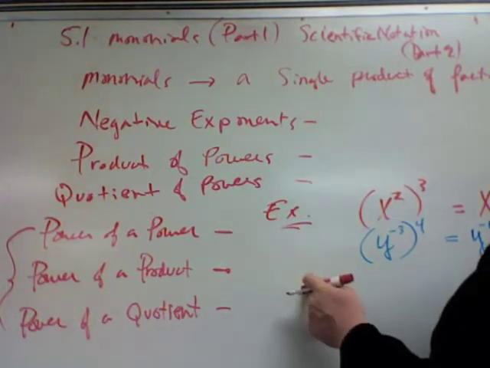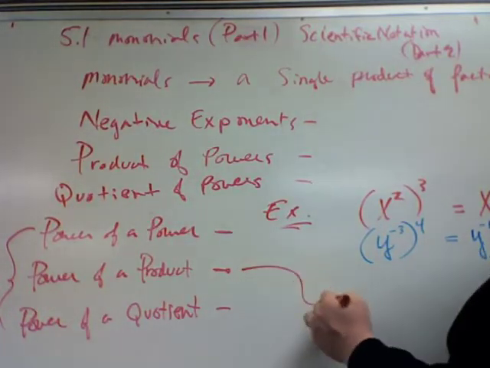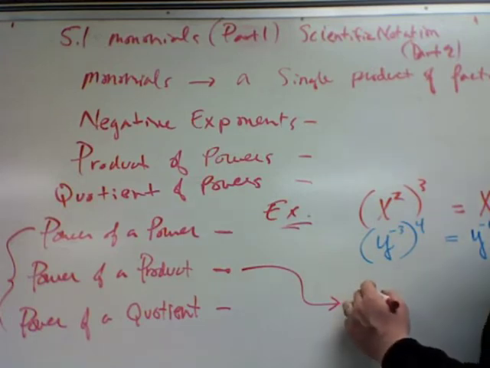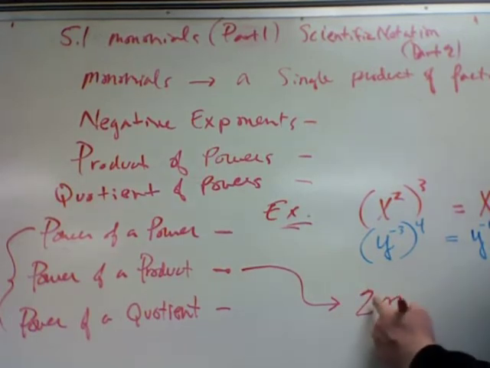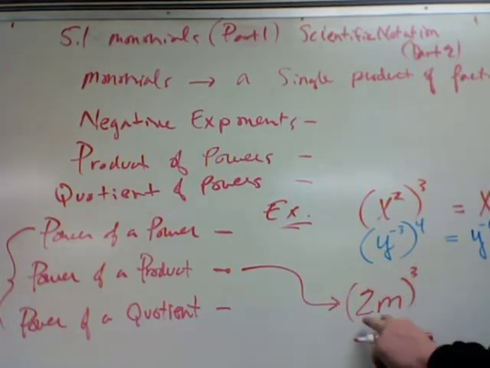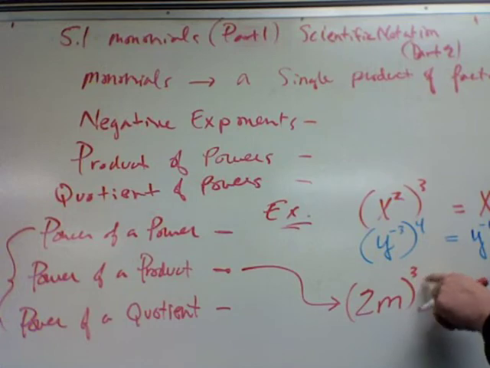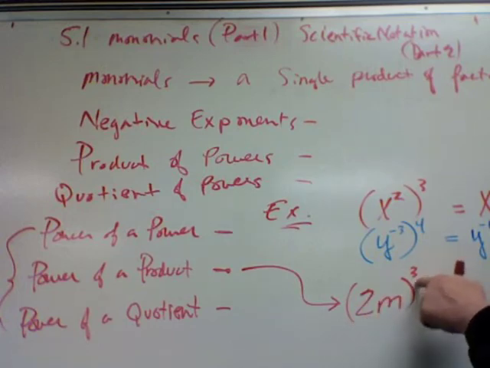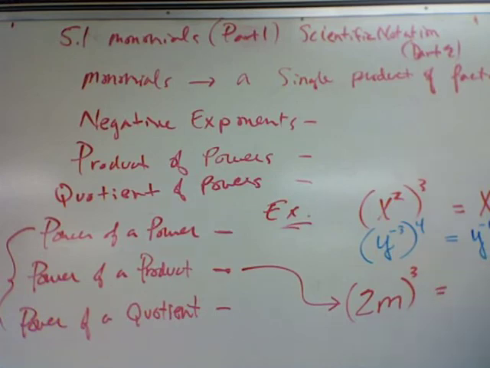Power of a product, this is kind of important. This is a common mistake a lot of people make. If I have a product here, let's say I had 2 times m, to the 3rd power, a product to a power, each factor in the product has to be raised to that power.